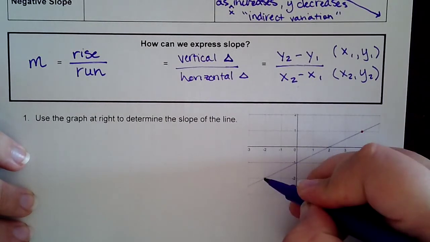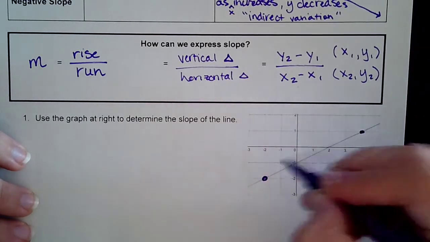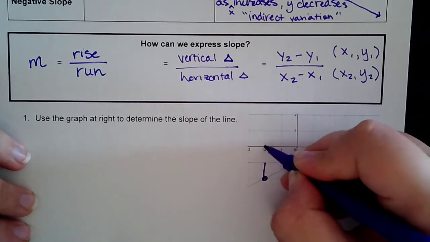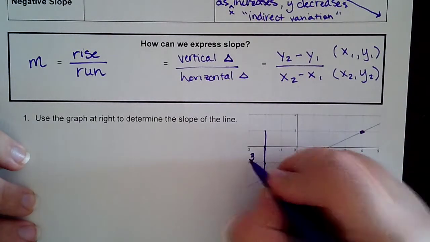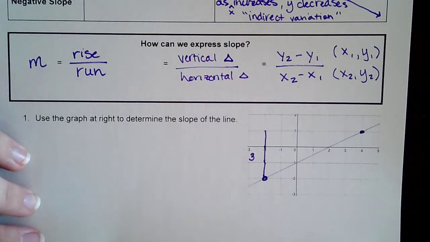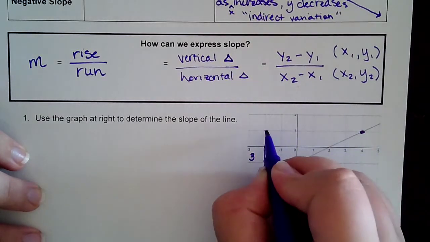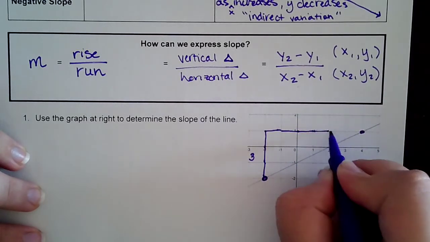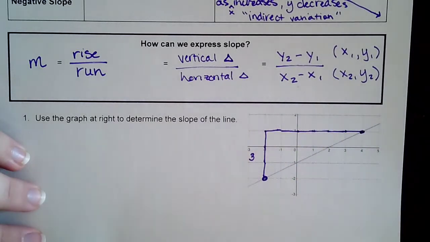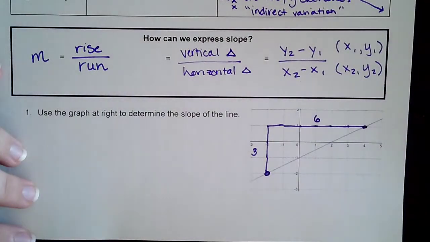My rise from this point up to this point is 1, 2, 3 squares. So my rise is 3. My run, or my horizontal change, is 1, 2, 3, 4, 5, 6 blocks, or units, whatever you prefer to call them.